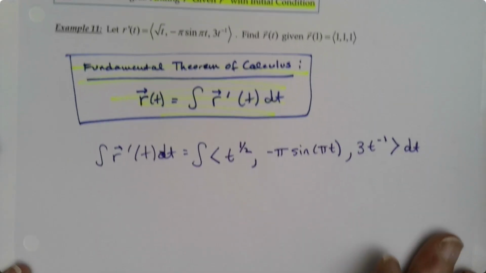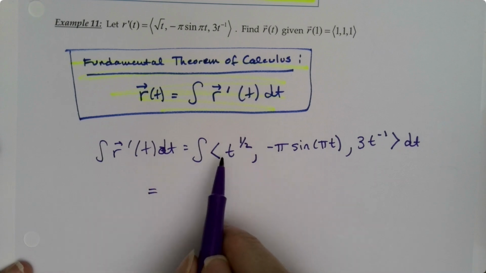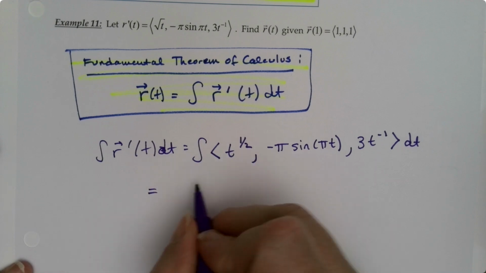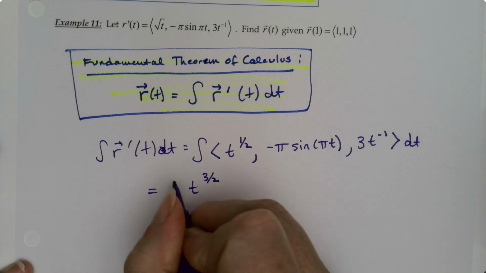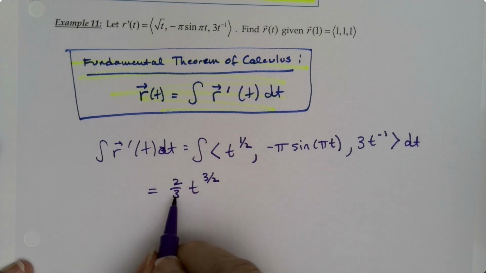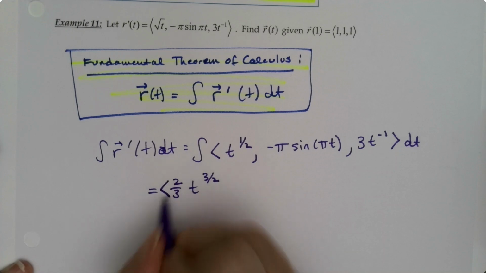So the integral of the first piece, we add 1 to the power, so it becomes t to the 3 halves. And with fractions, it's easier instead of writing divided by 3 halves to multiply by the reciprocal. And it's still a vector, so I still have to put my vector there.